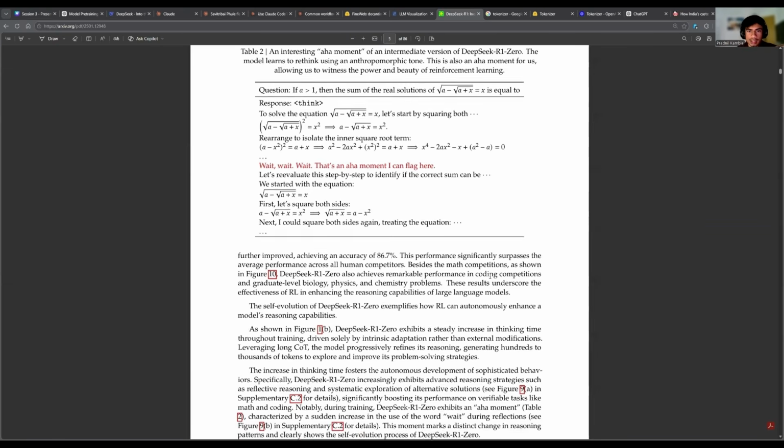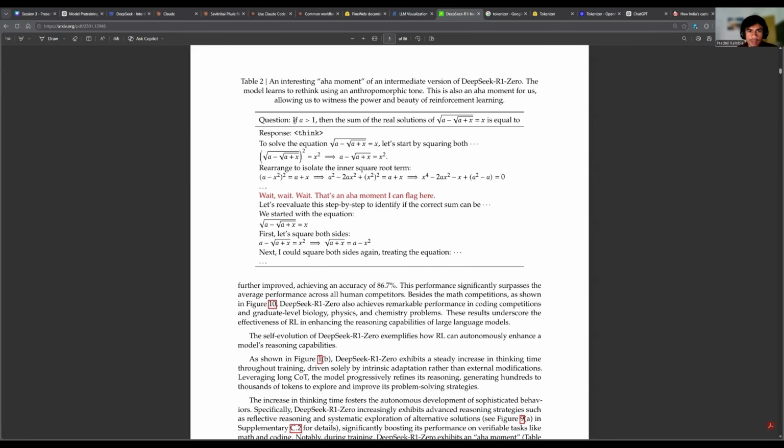And why is that happening? Because the model learns, for example, if you ask it a difficult question, like, if A is greater than 1, then the sum of so and so, what will it be? The model can't directly give you an answer because the job of this model is just to predict the next word. But when you teach it in a certain way, which is described in this paper, and I don't want to go into that detail, when you fine tune it in a certain way, the model learns to break this problem into different separate problems.